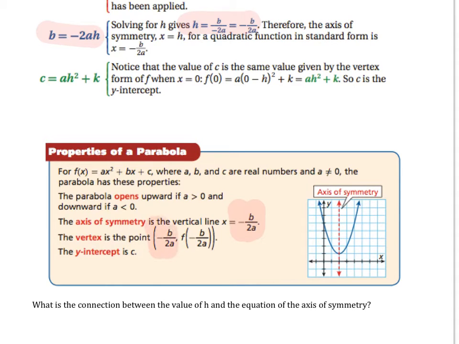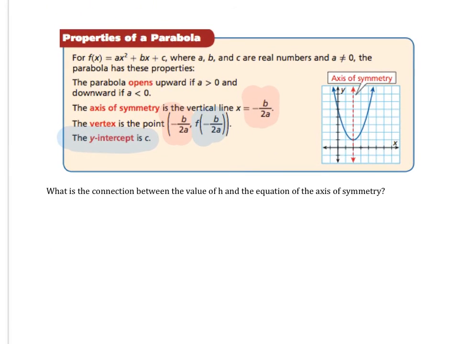To find the y value then of the vertex from standard form, you would just substitute that negative b over 2a back into the function and solve. And the interesting note is that the y-intercept of the graph is the constant. So what is the connection between the value of h and the equation of the axis of symmetry?